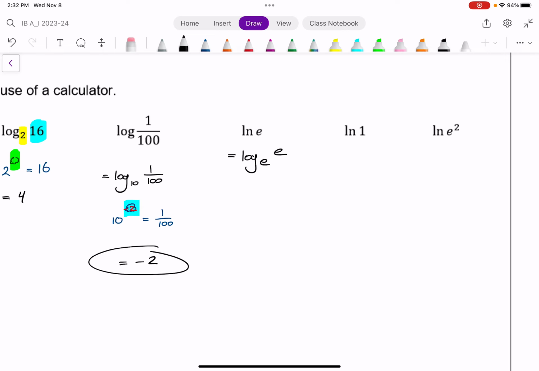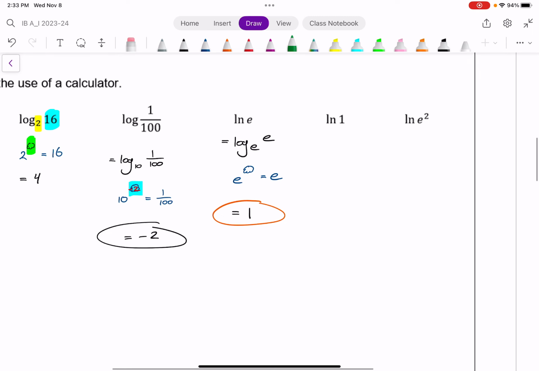That's what this means. So what does this equal? Well, I've got to think: this means e to the power of what equals e. Okay, well, that must be a 1. e to the power of 1 equals e. So in the end, this equals 1. In general, anytime you have a logarithm where what's going inside it is the same base, it will always equal 1.